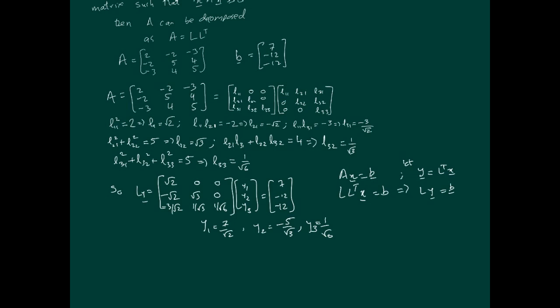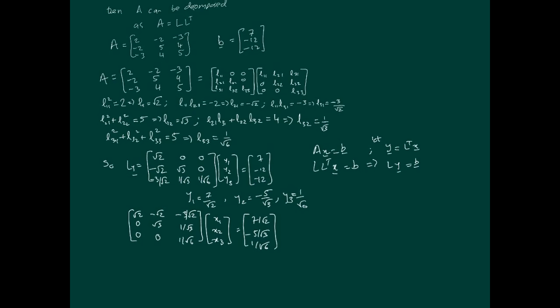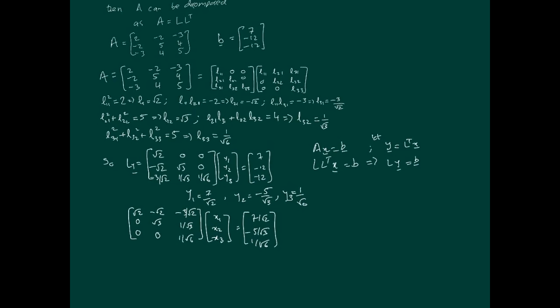Once we have the y, we will go back and solve the next system. This is the final system to solve. And when we solve it with back substitution, starting here, 1 over root 6 x3 equals 1 over root 6, which means x3 equals 1, of course. Then we go to the equation above, and that tells us root 3 x2 plus 1 over root 3 x3, and that boils down to x2 equals -2.